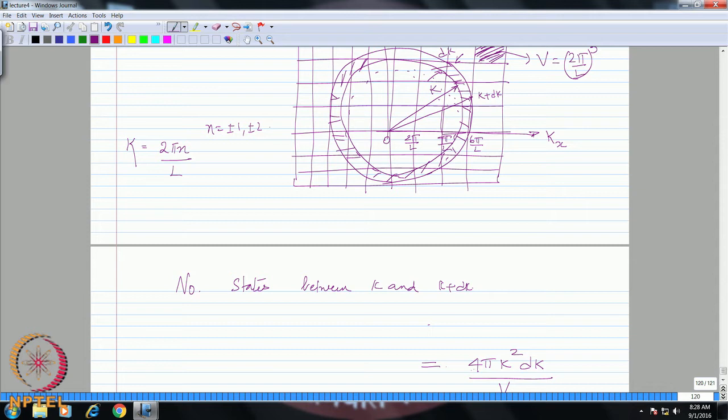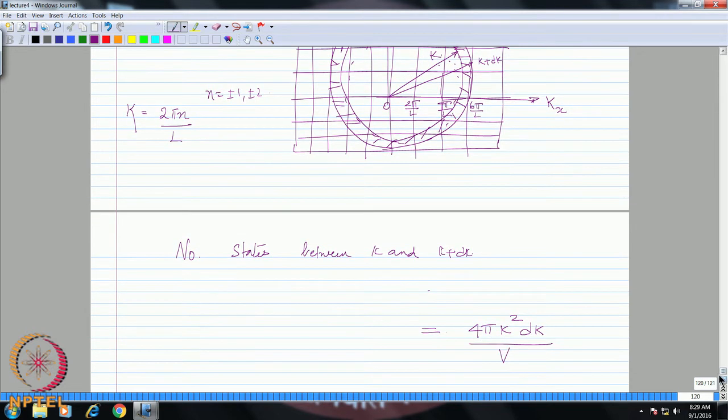So, that volume is 4 pi k square dk divided by the volume of each unit cell, which will accommodate basically 2 pi by L states of kx. Therefore, the total number of quantum states accommodated between k and k plus dk will be this volume divided by the volume of each unit cell. Now, the volume of the unit cell is nothing but 2 pi by L the whole cube.